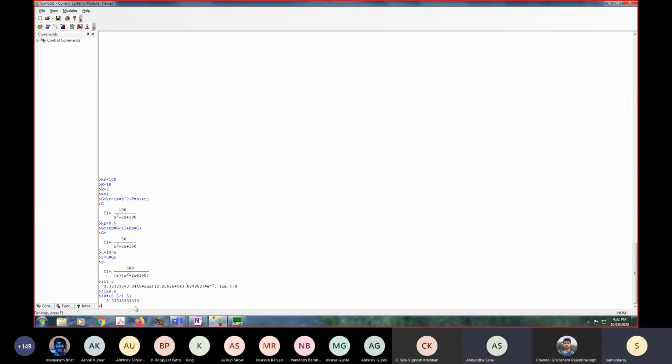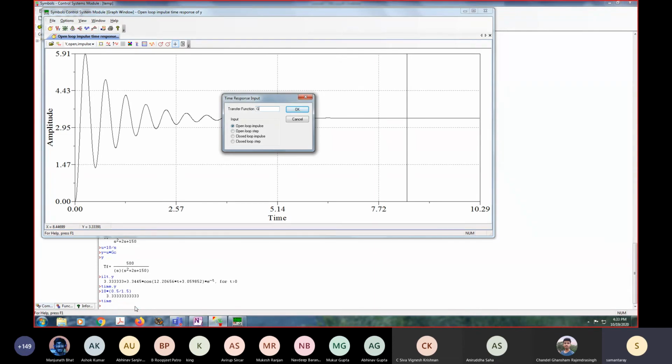Why did we take that to be impulse? Because we have already multiplied that 10 by s. If I don't multiply that 10 by s, then I can find out, but that will be for unit impulse. Means instead of 10, the input is 1. I can do that. Time response of GC, open loop step.